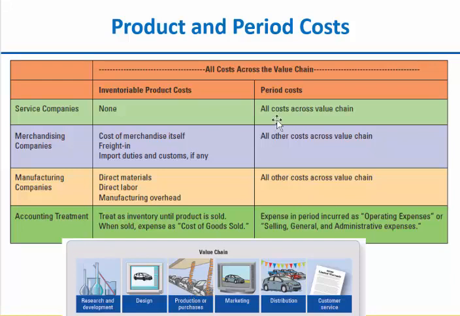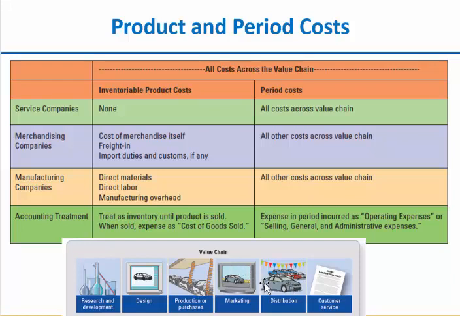Now, what is period cost? For the service companies, all the remaining five components in this value chain are period costs. It's true for the service companies, the merchandising companies, and the manufacturing companies. You are going to expense all of them right away during the current period, and we call them operating expenses.